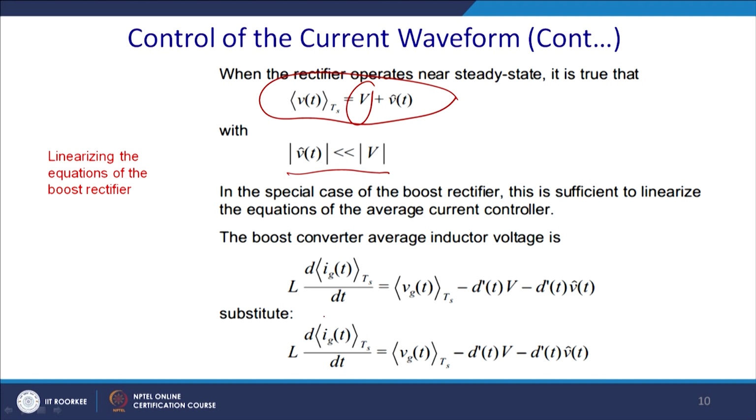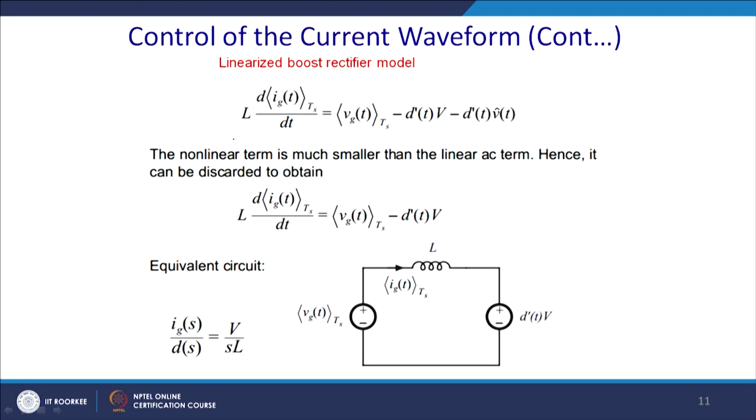So, we differentiate it in the neighborhood of the capital V. So, L di/dt equals Vg minus this differentiation. We substitute it, and you get these values of delta V and delta D. Thereafter, we get L di/dt equal to this value.